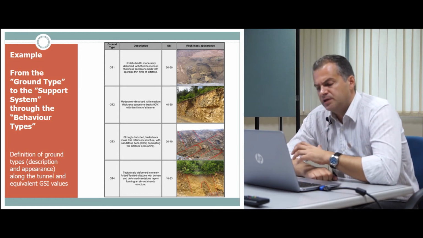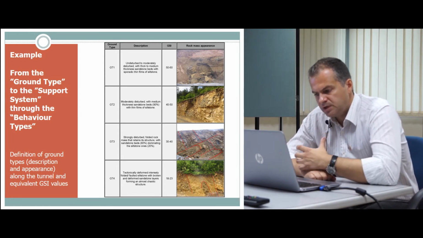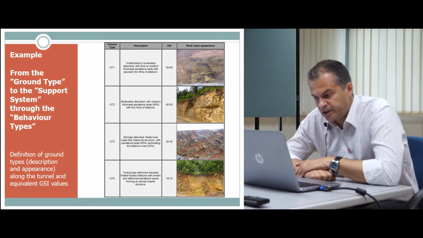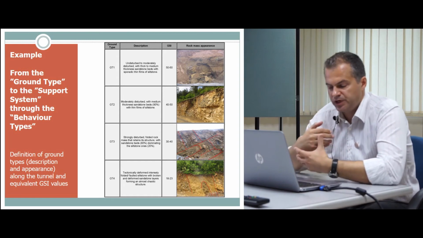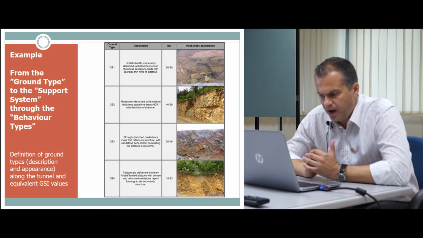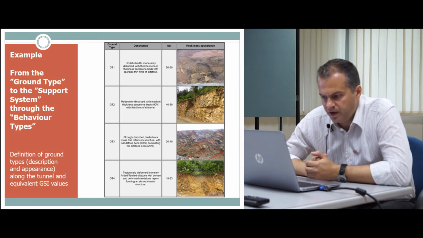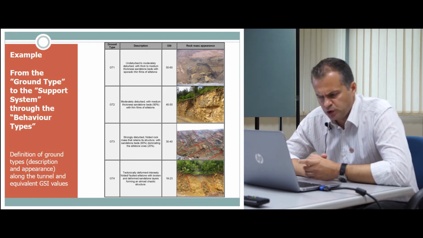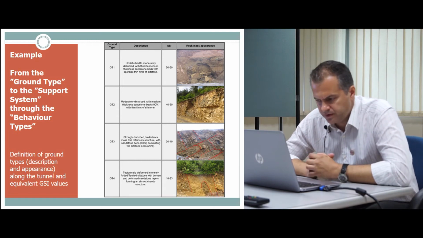So here we have something which is more deformed, more broken, and again, sandstone prevails. We have heterogeneity, but it's small. We have only thin films of siltstone here, which do not reduce the rock mass strength a lot, not at all.